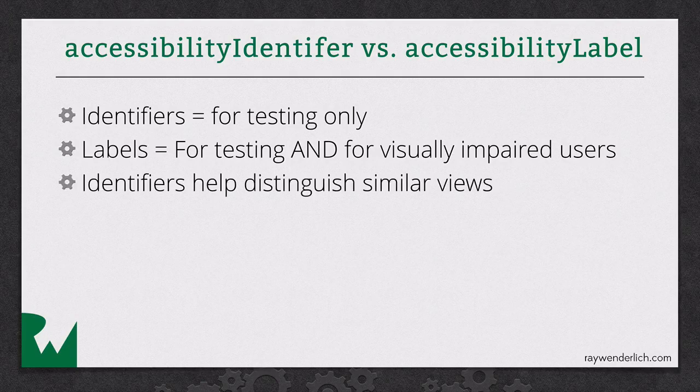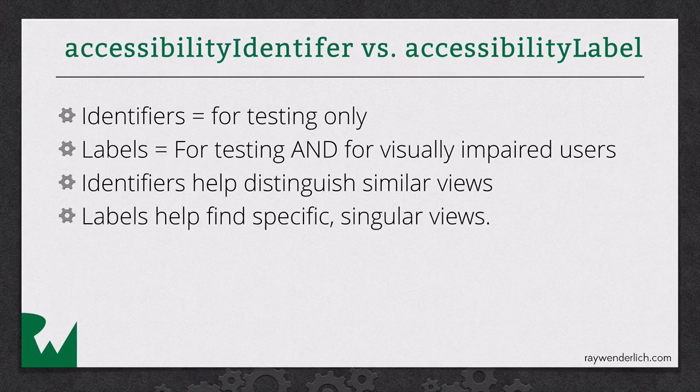Identifiers are really useful for helping distinguish very similar views, like the ones that you were just trying to distinguish between the two score views. And then the labels help you find specific singular views, so something that's really only going to show up once, but also that potentially could be something that a blind user or a visually impaired user would have difficulty seeing and would really need described to them.